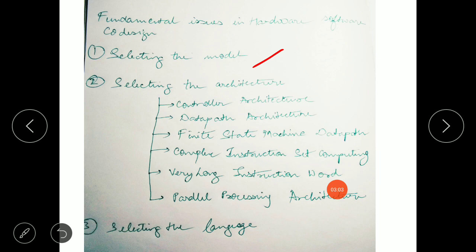Now the second is selecting the architecture. The architecture tells how a system is going to be implemented with respect to the number and types of different components and the interconnection among them.